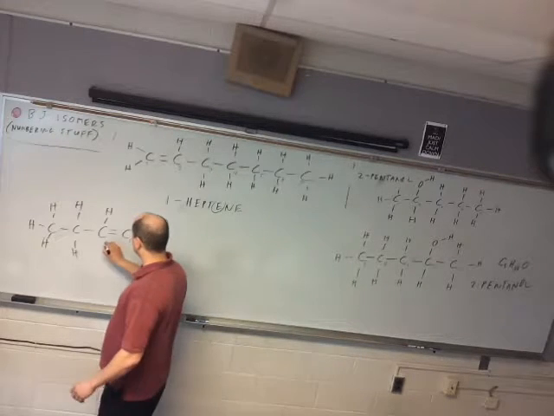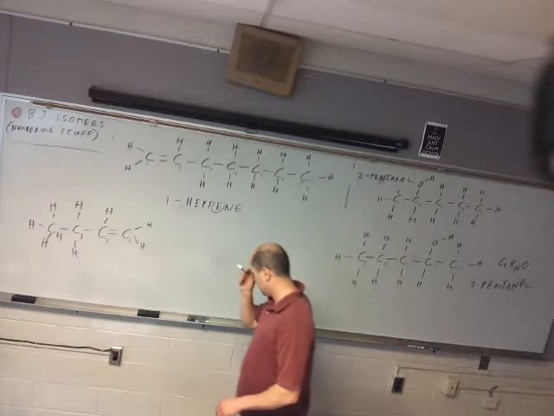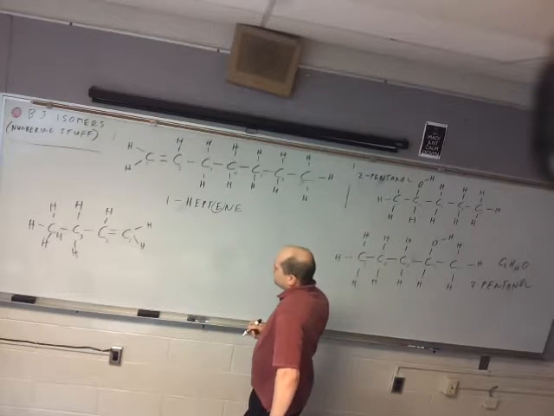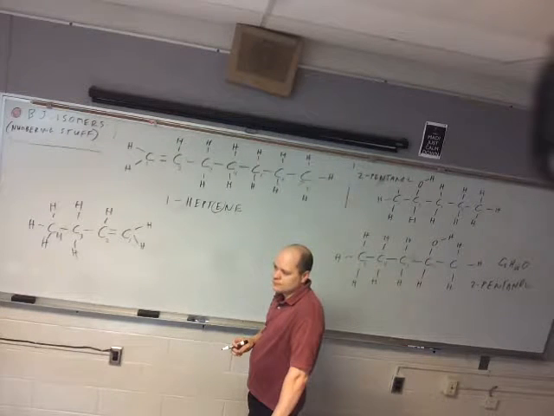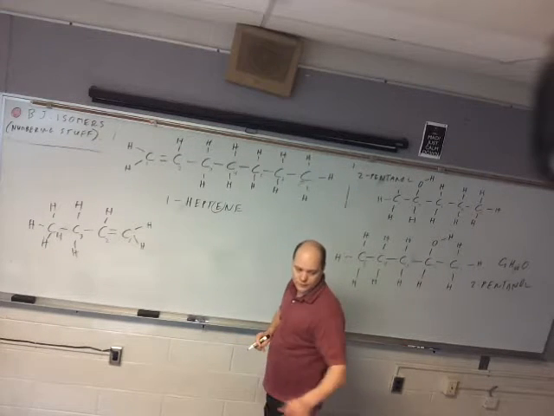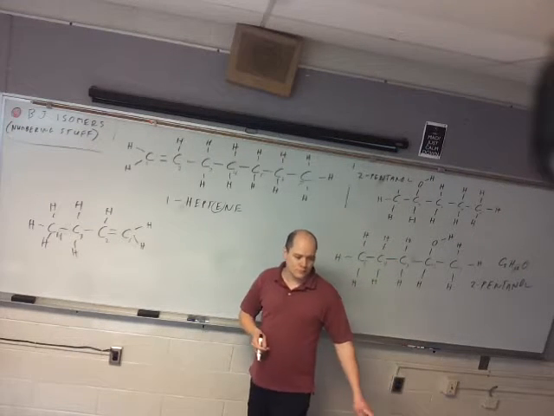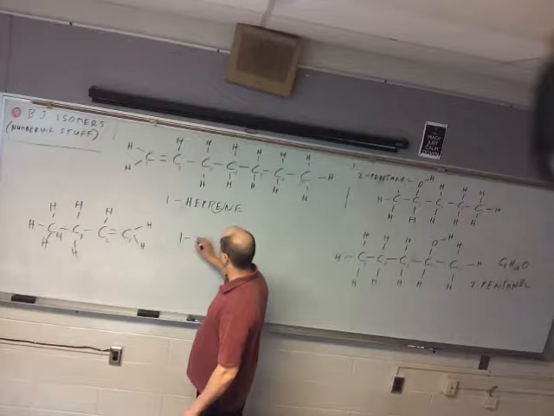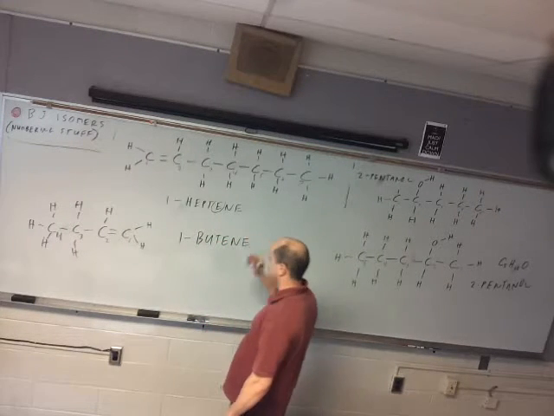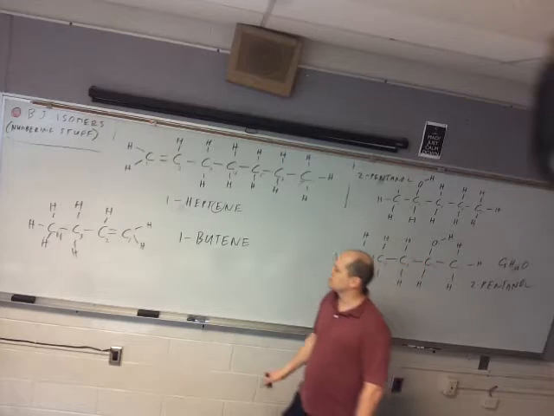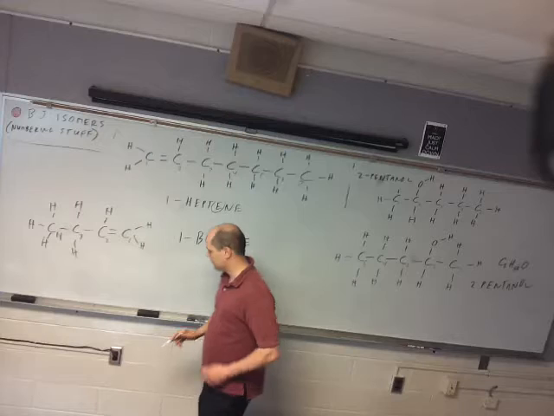So it's going to be your 1, 2, 3, 4. So what's that called? Butene. And what number am I going to put? Yeah, so it's going to be 1-butene. So you just look at the 2 carbons that the double bond is touching, pick the lower one, right?